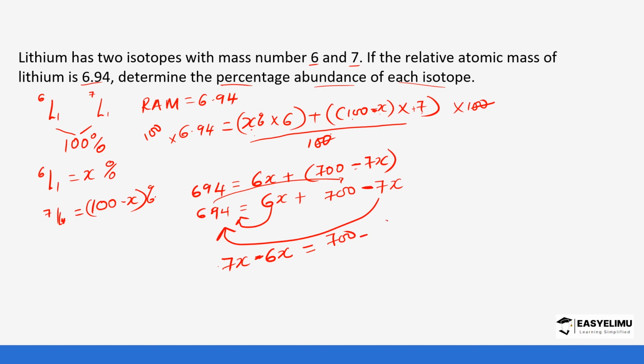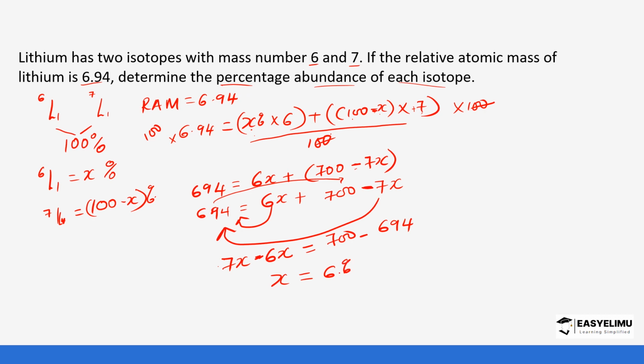So 7x minus 6x gives us 1x, which we write as x, and 700 minus 694 gives us 6. So the value of X is going to be 6%.